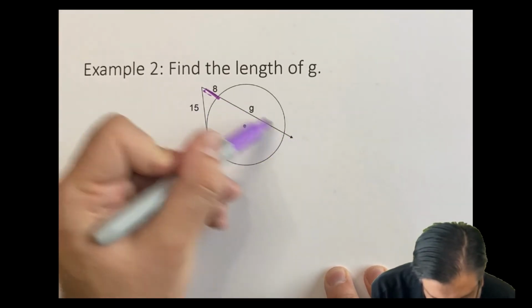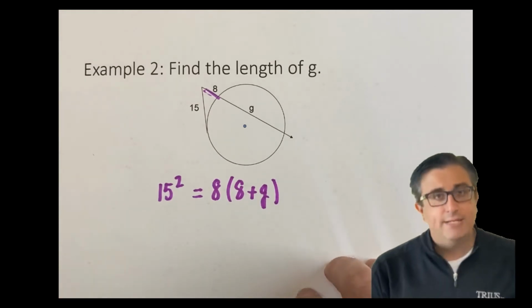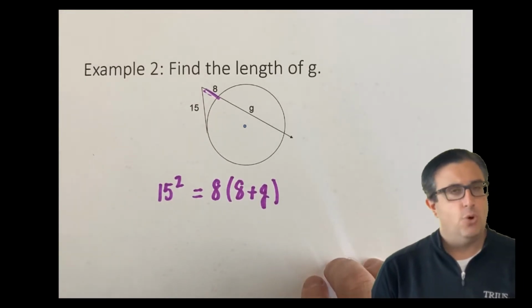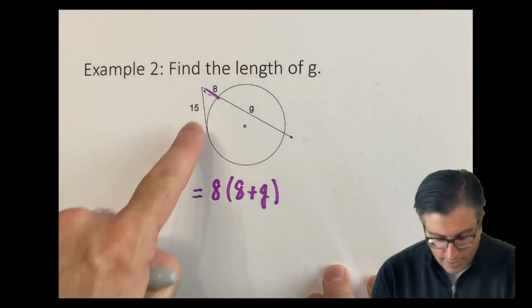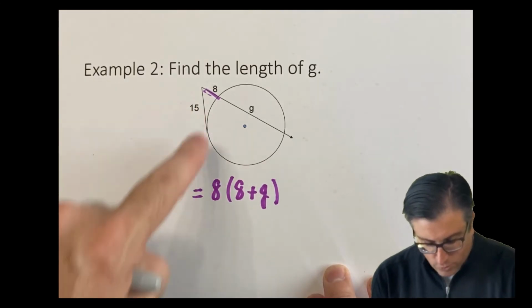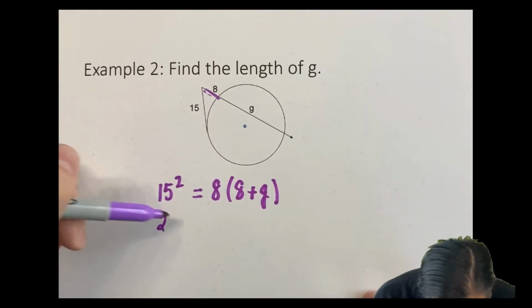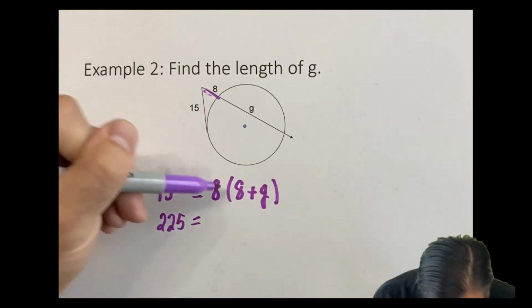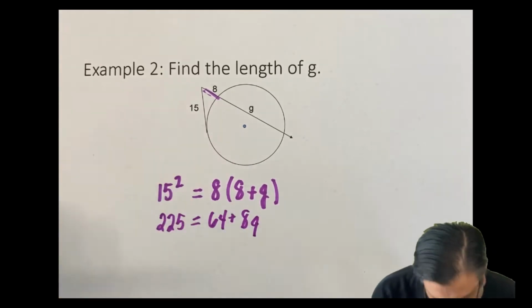Entire length is 8 plus G. Again, I don't like remembering formulas. Don't remember the W's, the X's, the Y's, the A's, the B's. It gets confusing. 15 squared equals the outside times the entire length. 15 squared is 225. Distribute to both of those, you get 64 plus 8G.